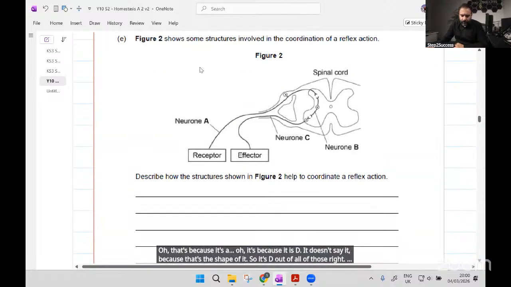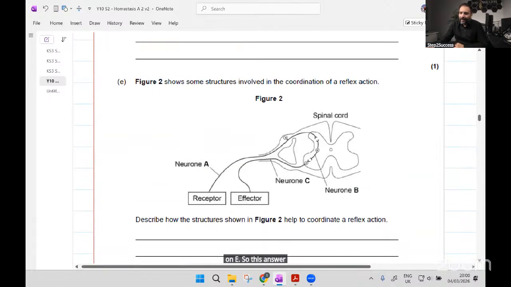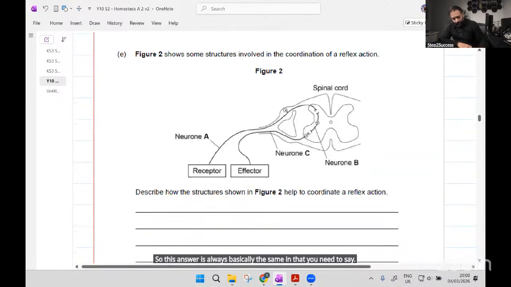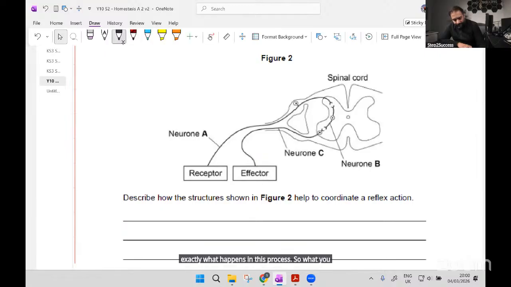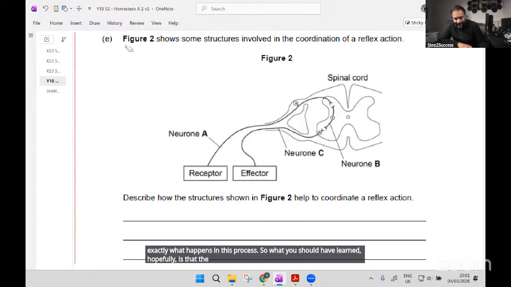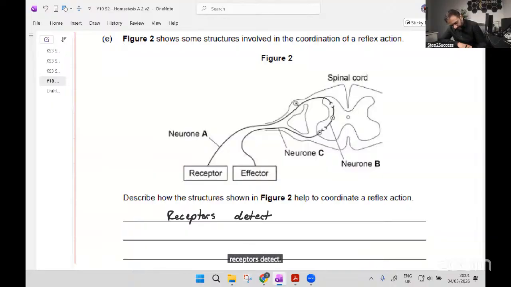1E. So this answer is always basically the same, in that you need to say exactly what happens in this process. What you should have learned, hopefully, is that the receptors are the beginning of this process. They detect a change in your surroundings, which is called a stimulus. Receptors detect a stimulus.